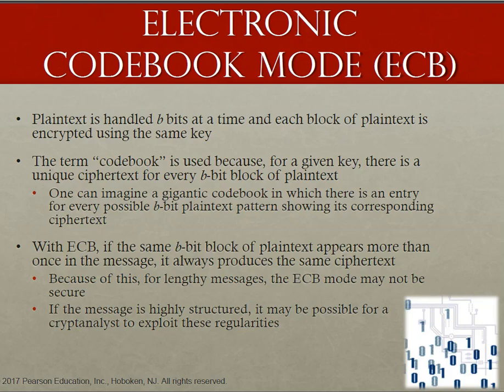So to overcome the deficiencies of ECB, we would like a technique in which the same plaintext block, if repeated, should produce a different cipher block. That is necessary to be considered. Okay.